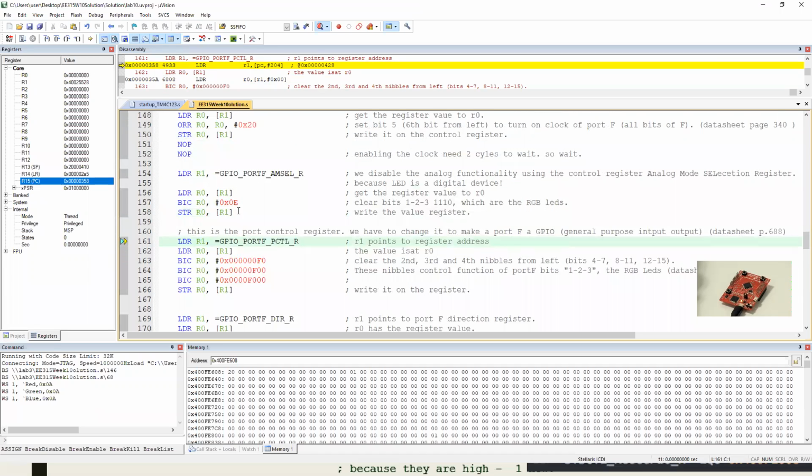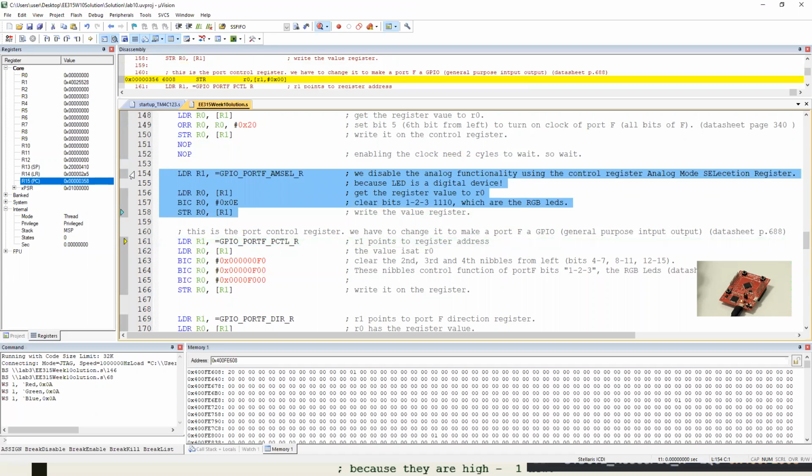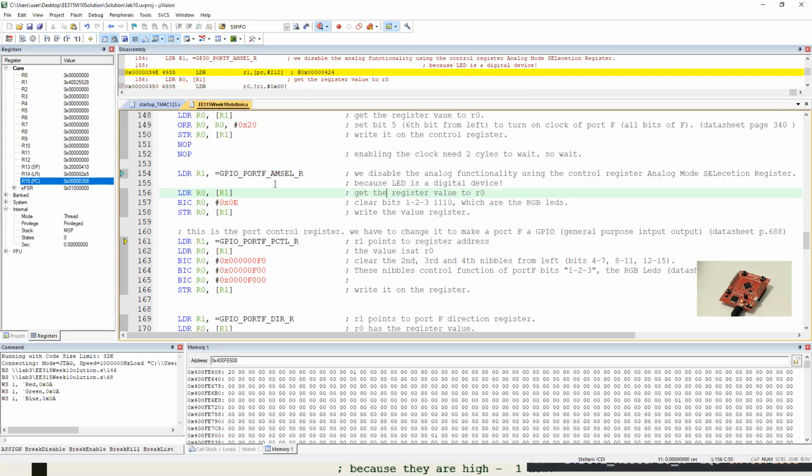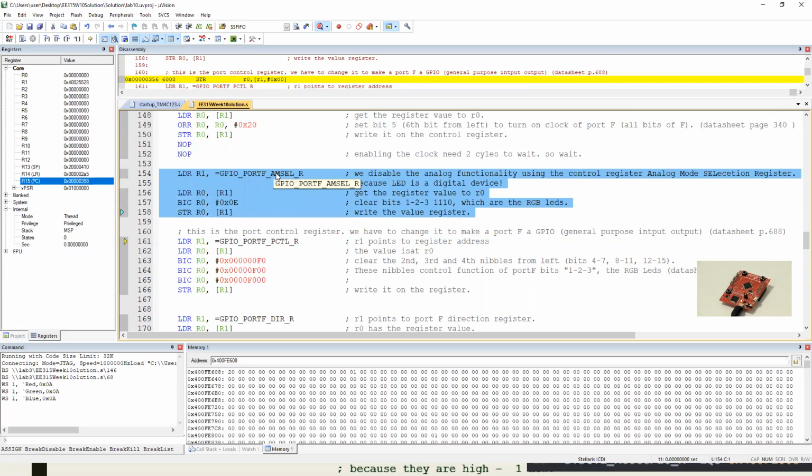So actually, we didn't have to do these lines, but we nonetheless did it because we want to guarantee that there is no analog mode selected for these pins, because we have already connected digital LEDs to it. So what I'm trying to say is, theoretically, when we read this procedure, it made sense.